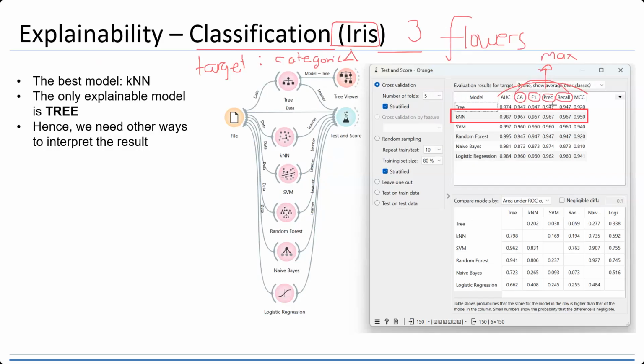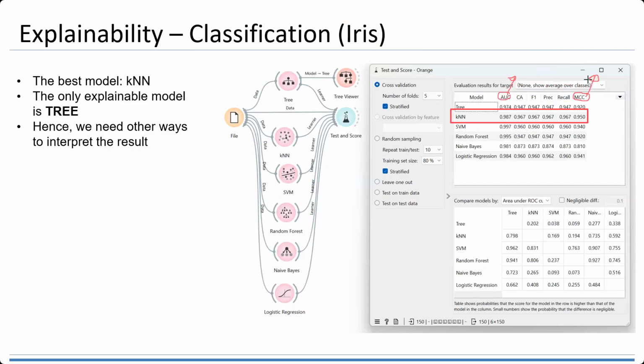When it is the highest value, then it's the best. I have not explained yet about the AUC and MCC. Basically, they are also similar. So we want to get the highest score. But let's see this one.